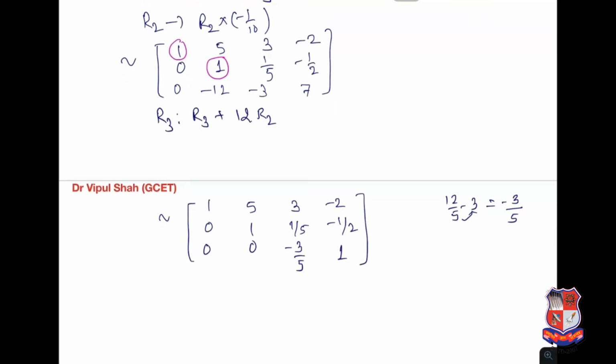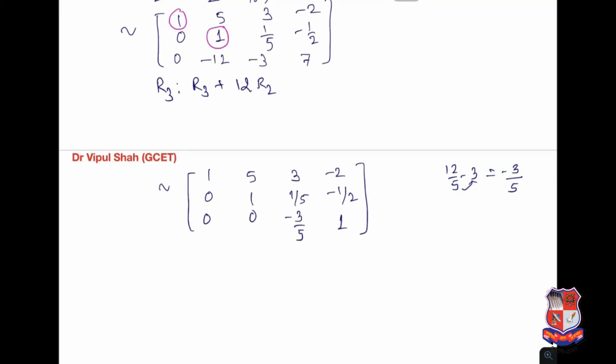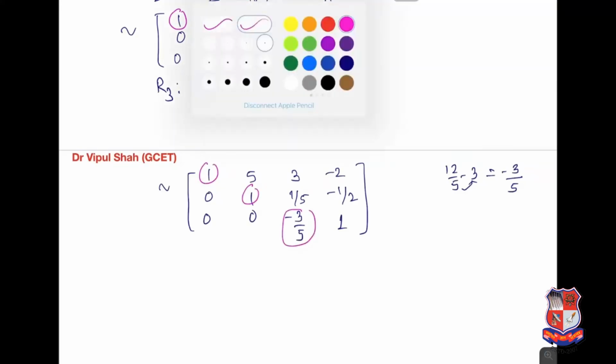Now we have minus 3 by 5 here. So leading one is here, leading one is here, and this we can make 1. That's not difficult.